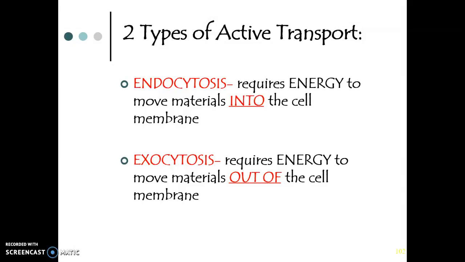And then the opposite, exocytosis: exo, another one of our prefixes, meaning outside or outer. With exocytosis, the cell is going to use energy to make a molecule exit the cell. Exocytosis, exiting the cell.